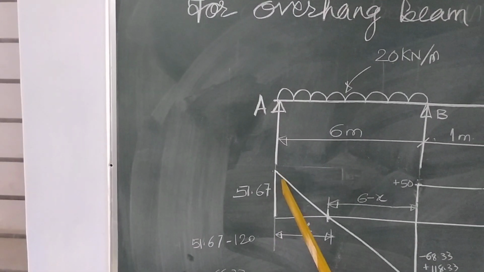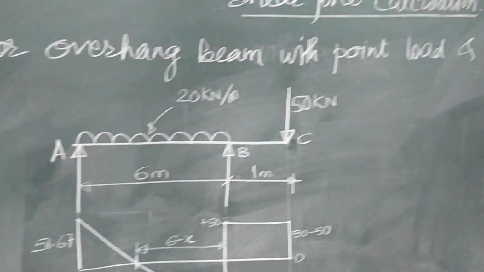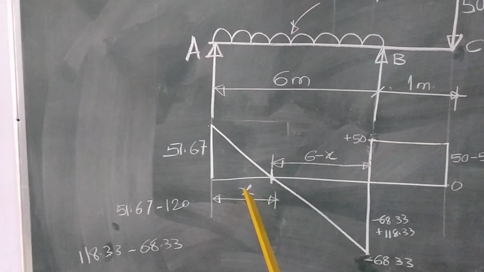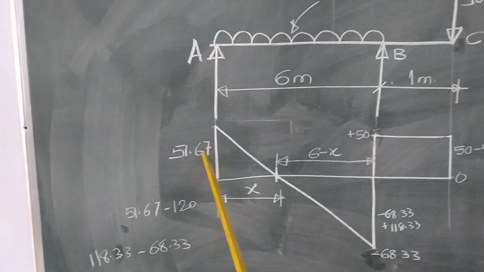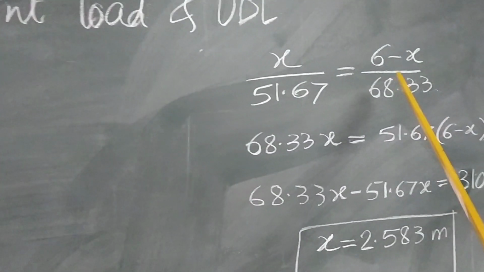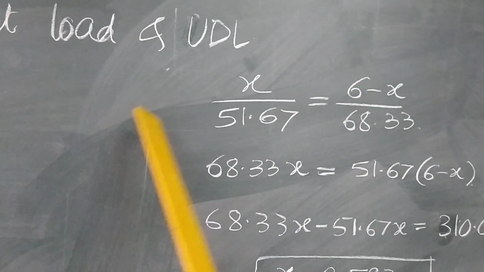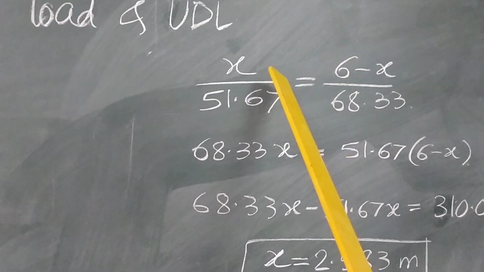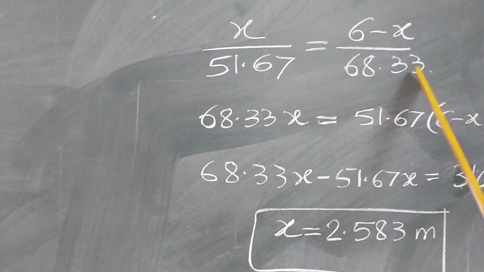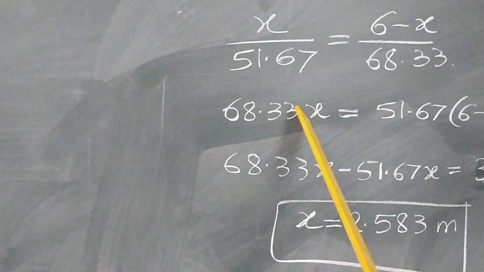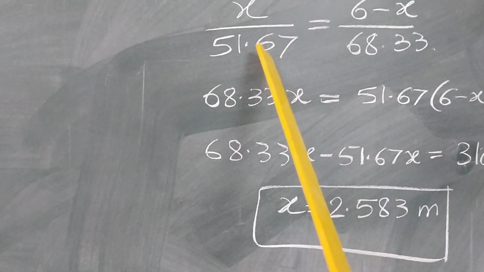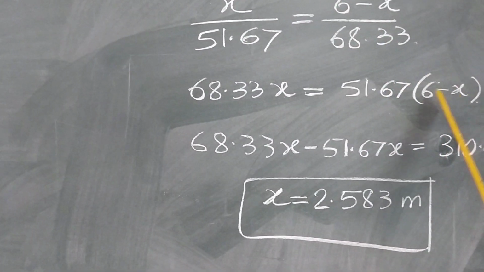So let us consider the similarity of these two triangles. We have the equation x upon 51.67, because this is the x base and this is the side, is equal to 6 minus x upon 68.33. We are taking the ratio, so no need to take the sign. Solve this very simple equation by cross multiplication: 68.33 into x equal to 51.67 into 6 minus x.